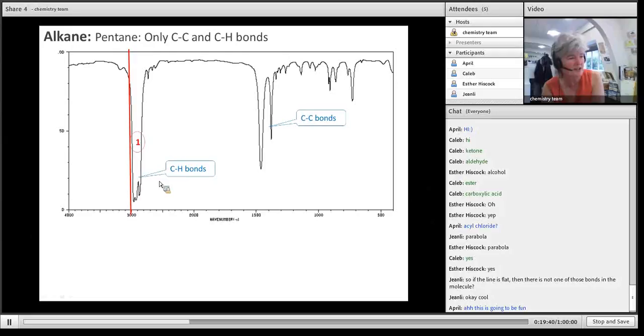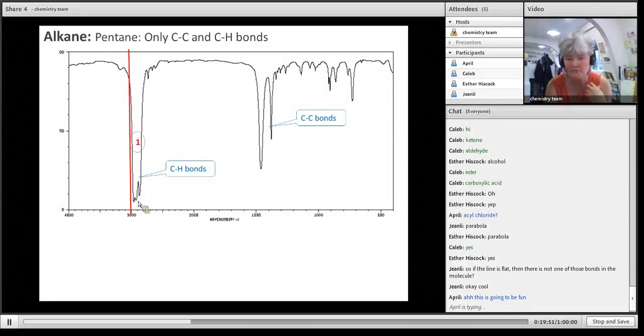You just look a little bit down to 2900 centimeters to the -1, and you can say, I've got alkyl, I've got CHs. And as I say, you're always going to have that. But mention that. Say that you have got a 2900, you've got CH peaks, so there will be alkyl groups. Okay, because you can link them with your NMR and so on later.